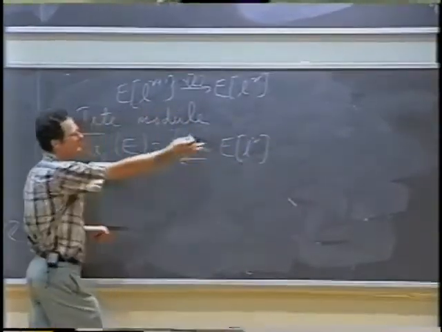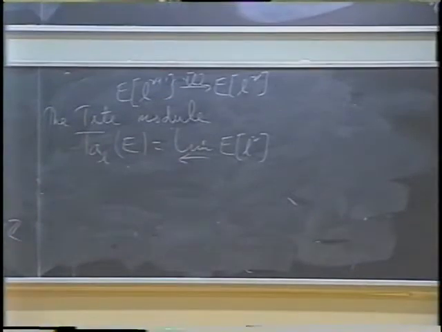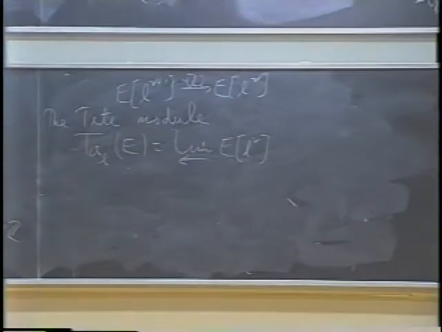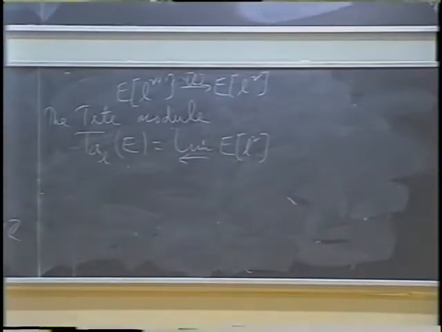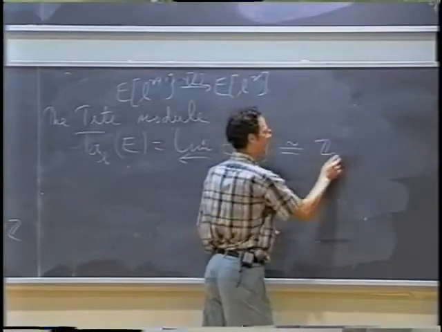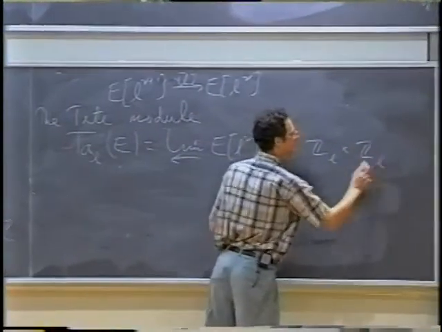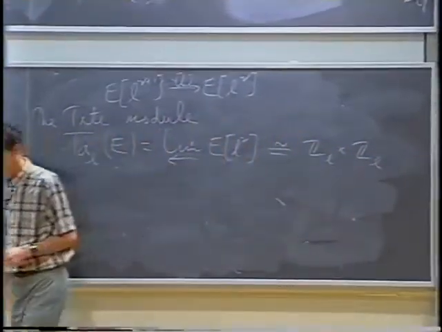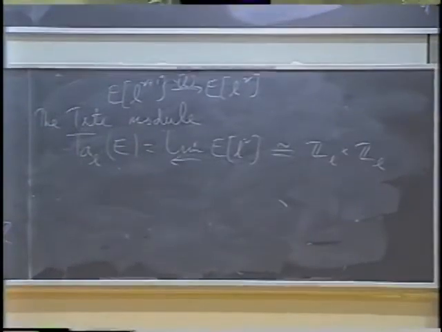So it's just a coherent sequence of L to the nu torsion points, taking higher and higher powers of L. And this will be isomorphic to Z_L cross Z_L, the L-adics, after you choose some sort of basis.